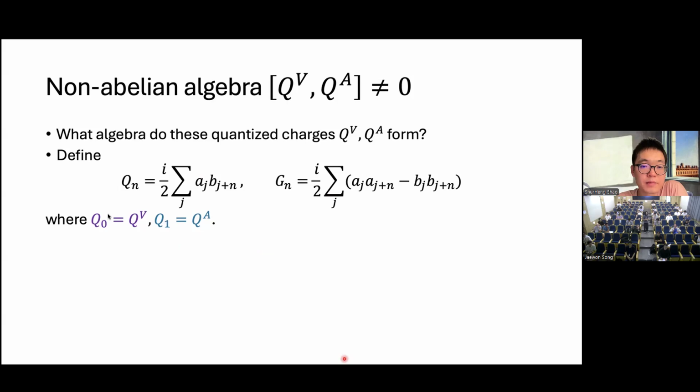Sorry, Shu-Heng, let me bother you one more time. If you can define QA and QV, I guess you can also define the densities, rho A and rho V. Then if you work out the equation of motion for that, do you arrive at the continuity equation for rho A and rho V separately? Do they all obey their own continuity equation? Well, the continuity equation will give you the spatial component of the symmetry, right?